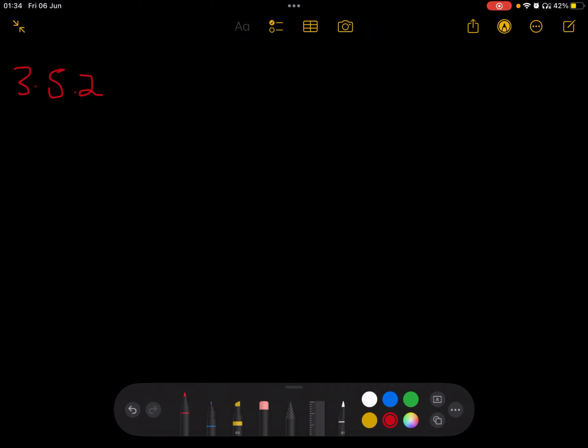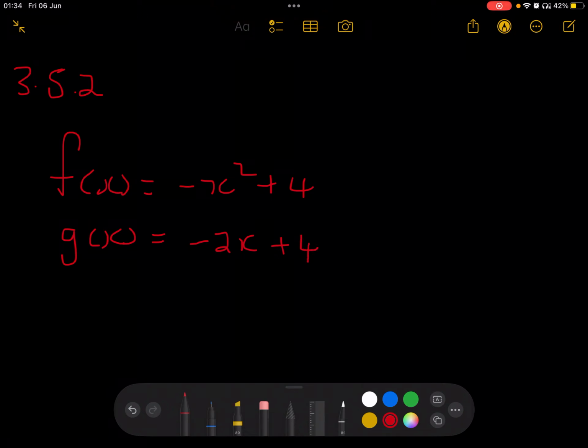The one format is to say f of x is equal to negative x squared plus 4. g of x is equal to negative 2x plus 4. And they said for which values of x will f of x minus g of x equal 0.